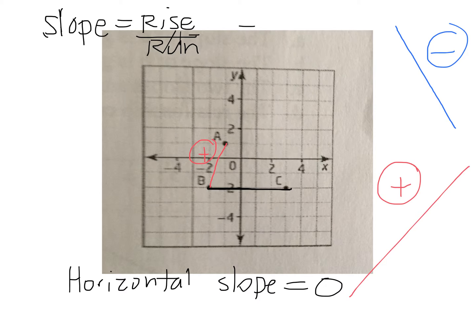Does it rise at all? No. So it's 0. Does it have a run? Rise goes up, right? So this line doesn't go up at all, but does it go across? Does it run? Yes. How many spaces? 1, 2, 3, 4, 5. So the rise is 0, the run is 5. Slope is equal to rise over run, but what's 0 divided by 5? 0. So the slope of a horizontal line will always be 0.